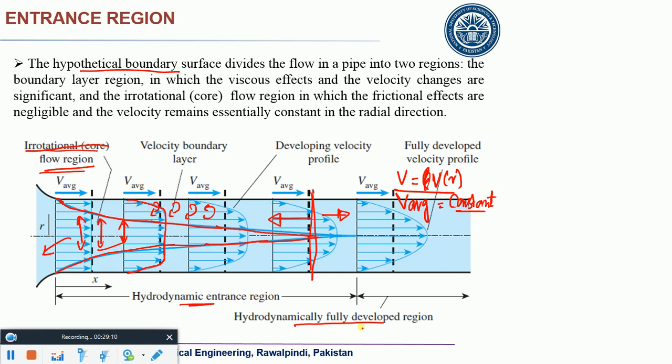So most of the time we only consider the flow to be hydrodynamically fully developed. I will show you some relationships regarding the hydrodynamic entrance length, and you will see that generally people neglect this. So this is the point. Remember these two features of the pipe flow.